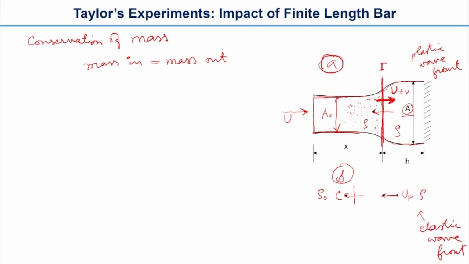Or what we can do is write the v somewhere here to make it even clearer. So this part of the material on the left side of the interface will enter inside the interface, towards the right side, with a velocity u plus v, because u is the velocity of the impact and v is the velocity at which the interface is coming towards the left side. So that means the relative velocity.